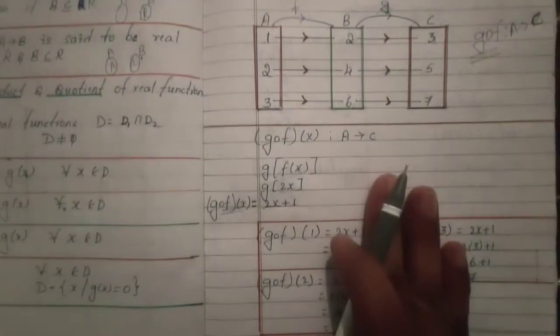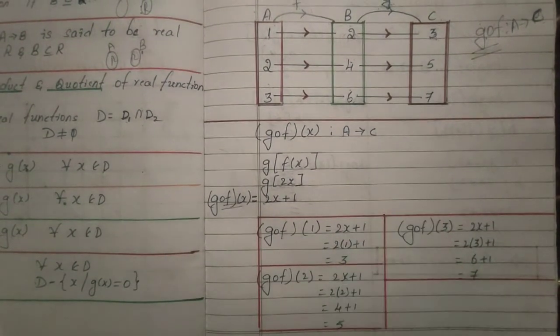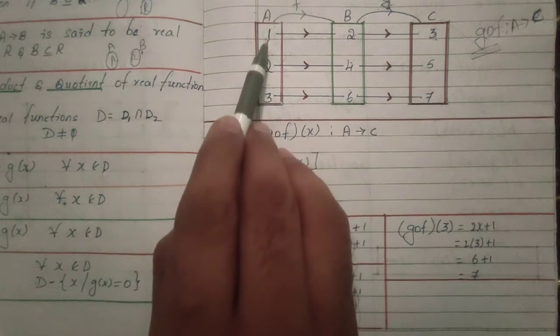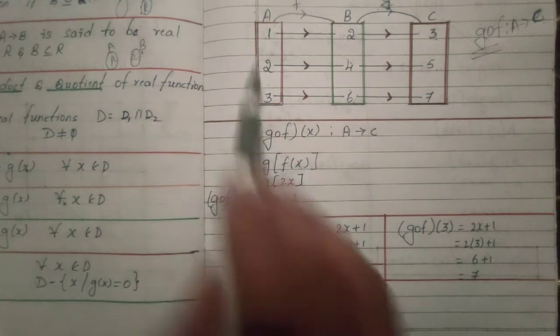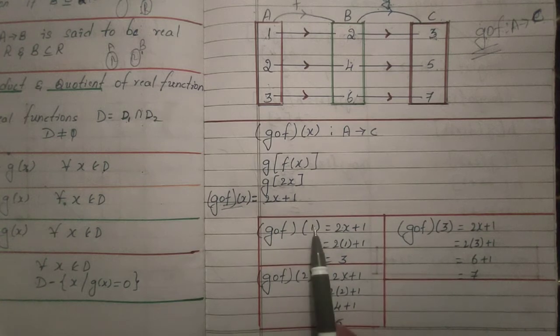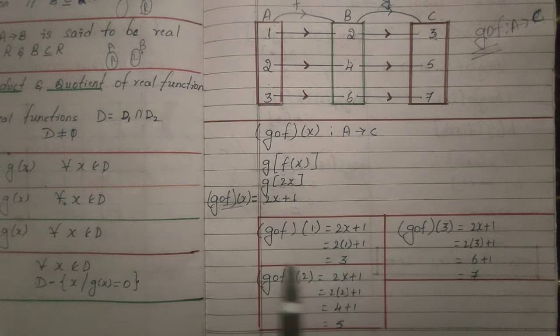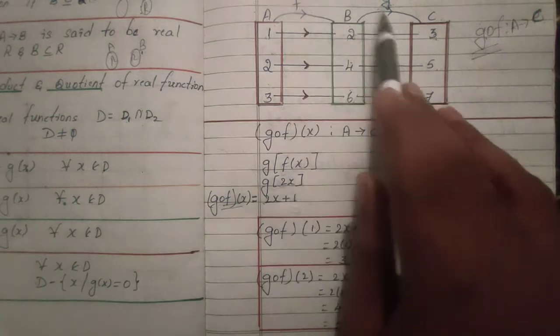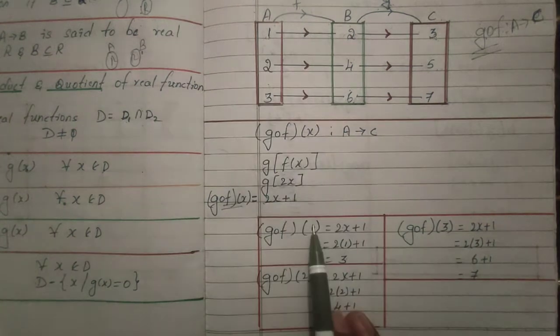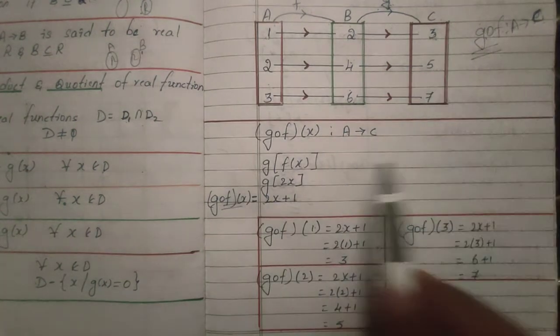Now, let us check. Take the GOF condition, 2x plus 1. GOF means from A to C. In A, what is the first element? 1. Substitute it in the GOF function. GOF of 1: 2 ones are 2 plus 1, 3. When you combine these two functions, that is called GOF. When you substitute 1, you are getting 3.